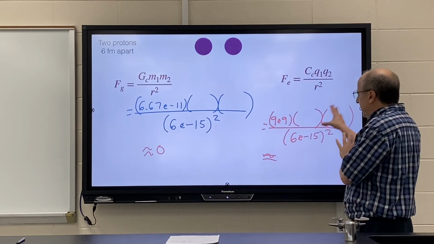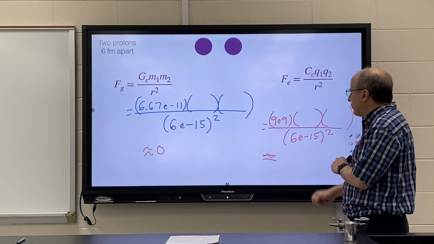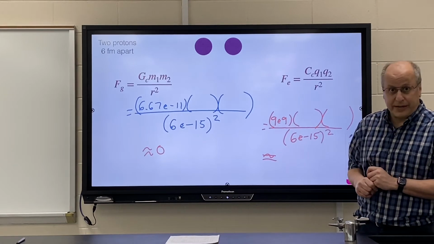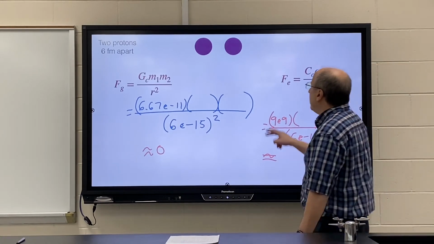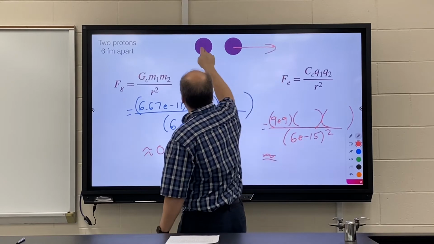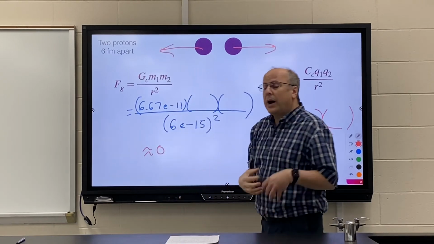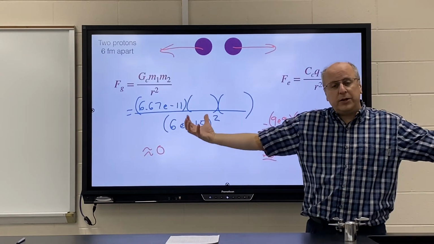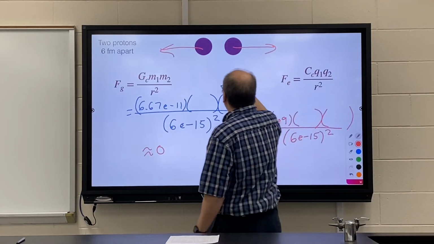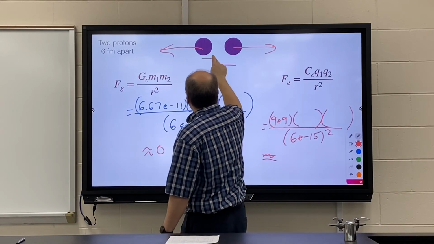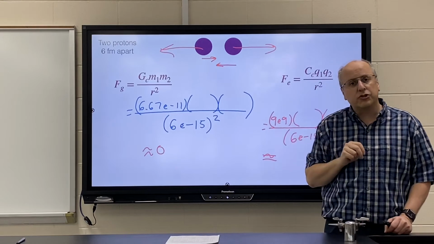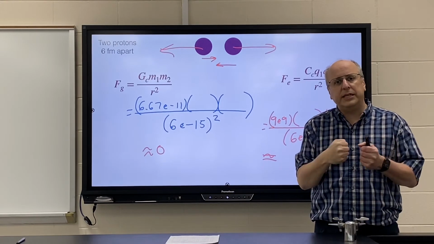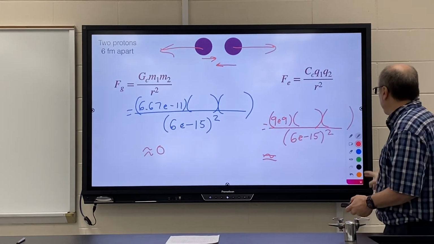Okay, so the big idea is when you're done here, you should find electricity much bigger than gravity. Much, much bigger. The electrical force is repulsive. So why are these protons not shooting away from each other? Well, we learned earlier in this year that there is a nuclear strong force that pulls these particles together.